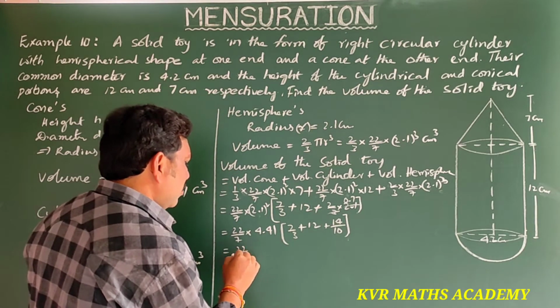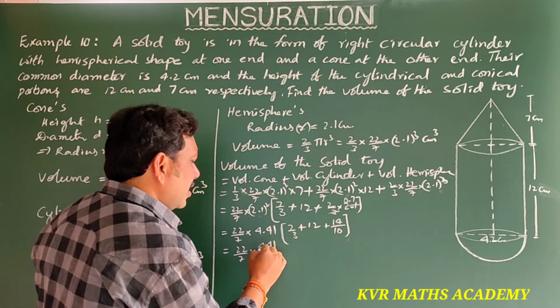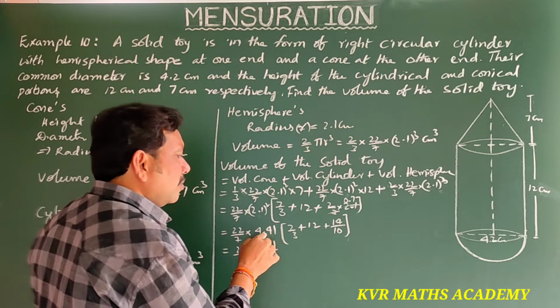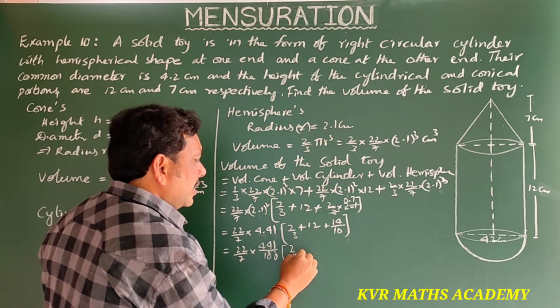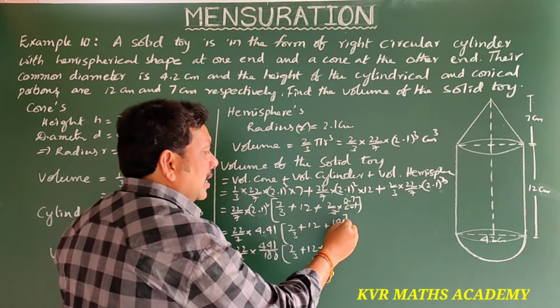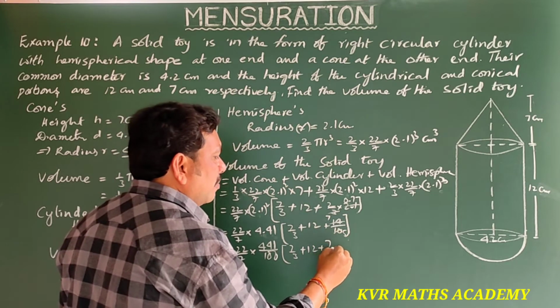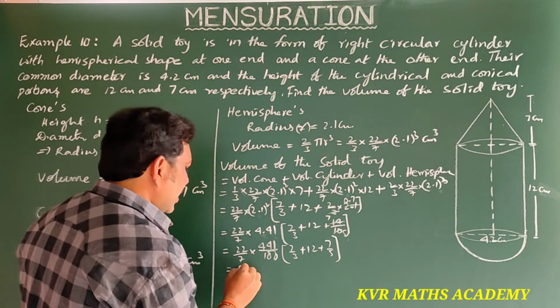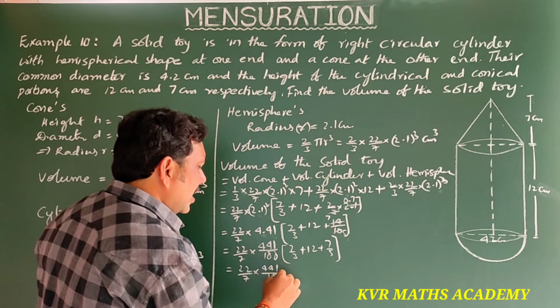So that is 22 by 7 into 4.41, which can be written as 441 by 100 because after the point there are 2 digits, into 7 by 3 plus 12 plus, after cancelling, 7 by 5.